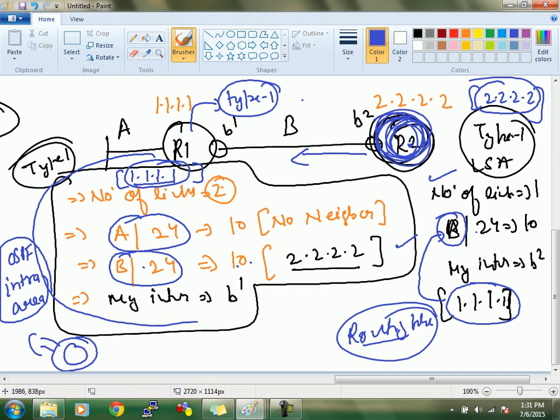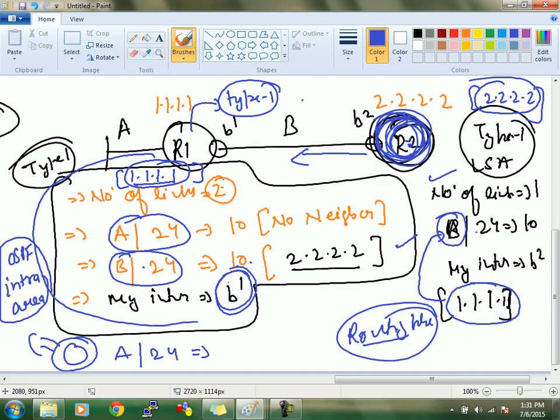Now R2 will install this network in its routing table as O A/24. Now R2 will be in confusion because whenever I have to install a network in my routing table, I need one thing, that is called next hop. Now R2 will use this IP as his next hop.